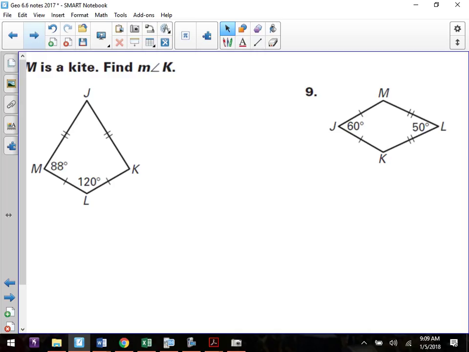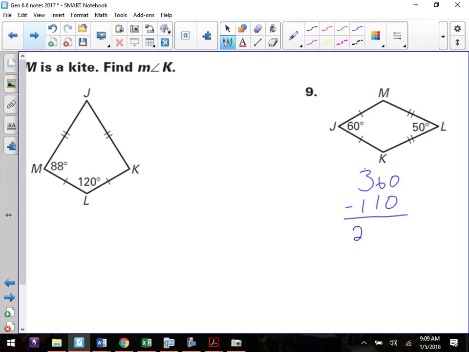What's 50 and 60? 110. So if the whole thing is 360, back out the 110, what do both of these have to be? 25. So it's the idea that there's a lot of background going on to it. It's not that the actual math part of it is going to be hard.